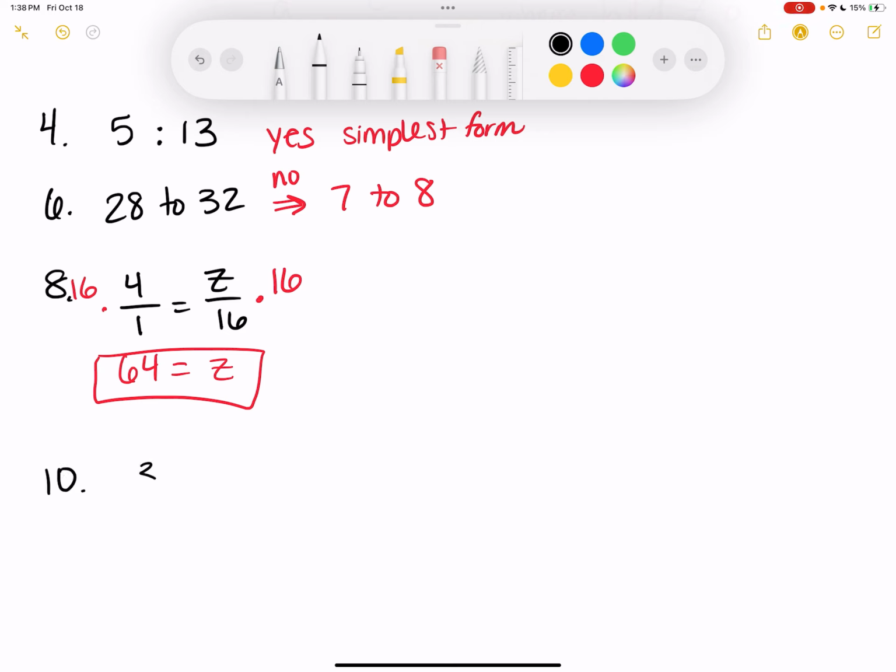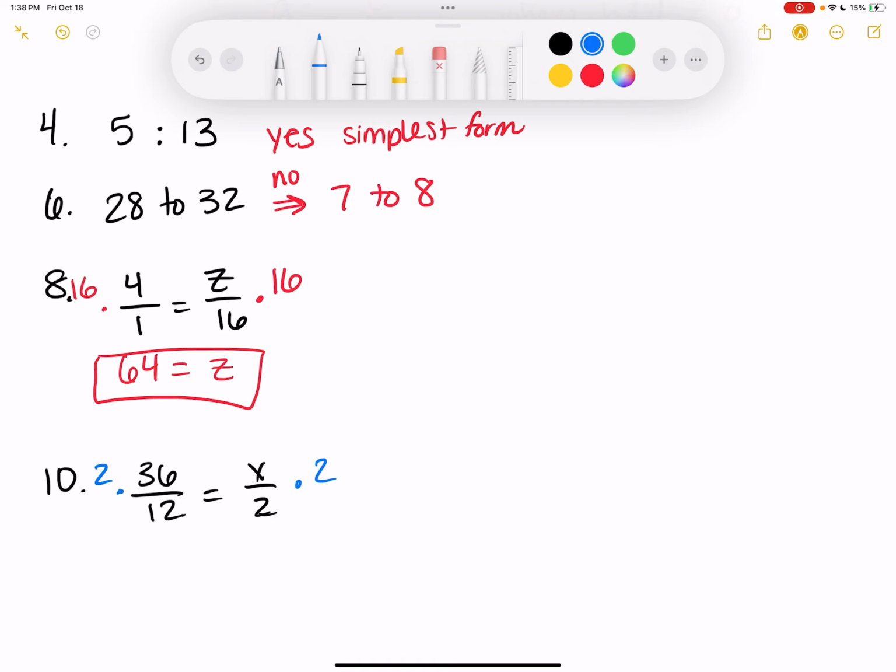Number 10. 36 over 12 equals x over 2. What would I have to do here? Multiply by 2. Now, this other one was nice and easy. There was just a 1 on the bottom. When I multiply over here, I want to see if I can reduce anything down, because that's going to make my life way easier.